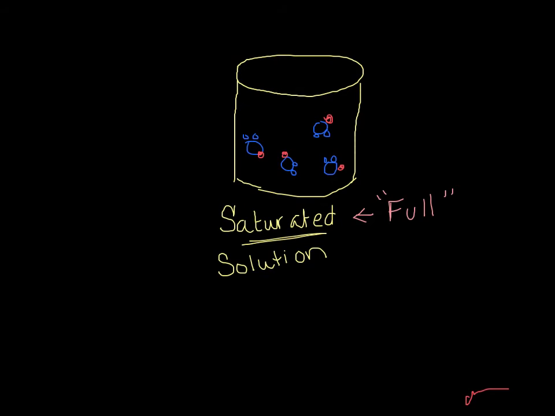And the best way I think of it is when every single sugar molecule is attached to a water molecule, when every single one is attached, the solution is said to be saturated. Okay, so it's full. And if I were to add more sugar to this solution, there's no water left to dissolve it, and so it would just settle to the bottom. So that's a saturated solution.